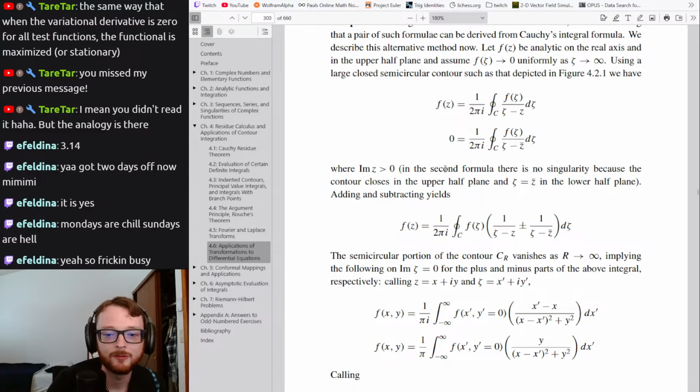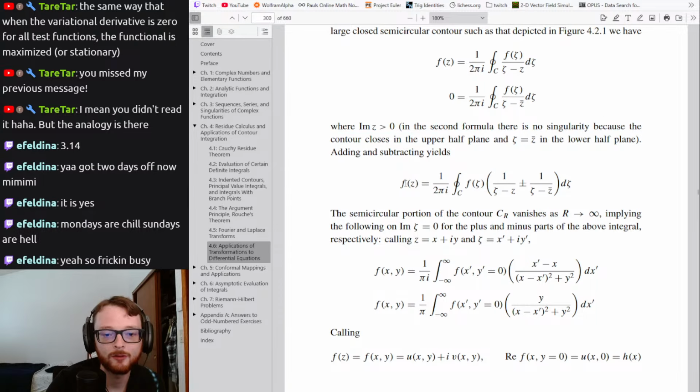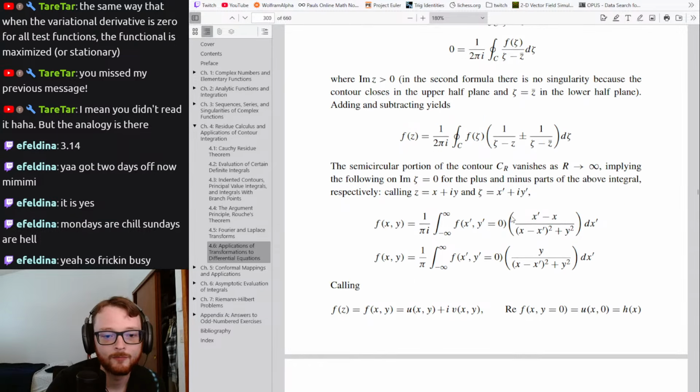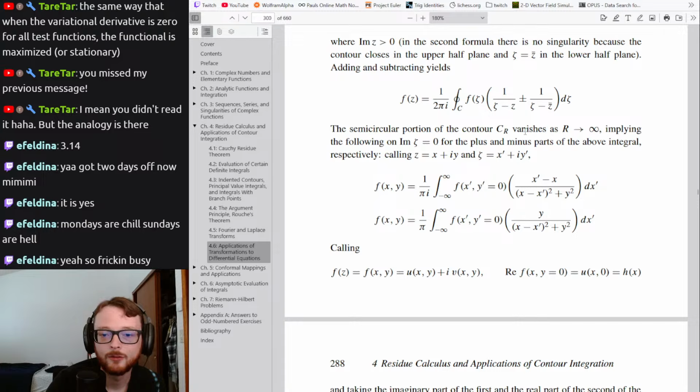Second formula. Yeah, right. Adding and subtracting yields two equations. Portion, sure. Z is x plus iy. Zeta is x prime.